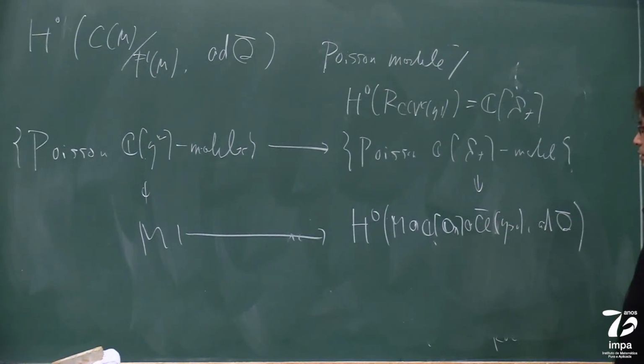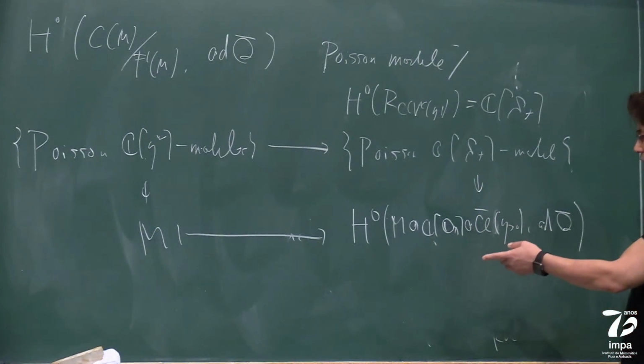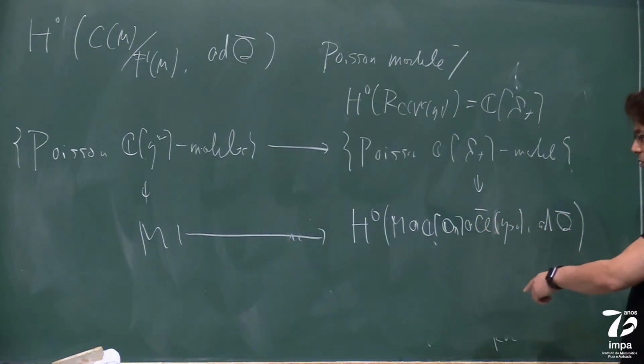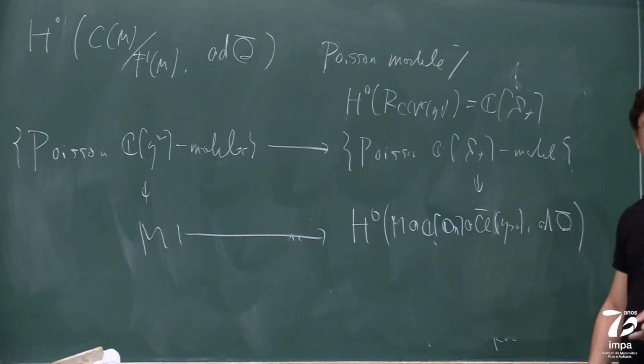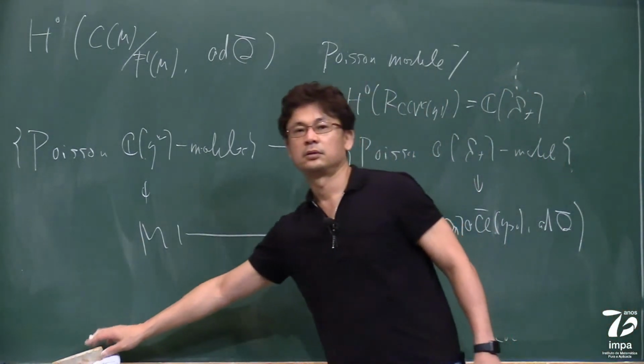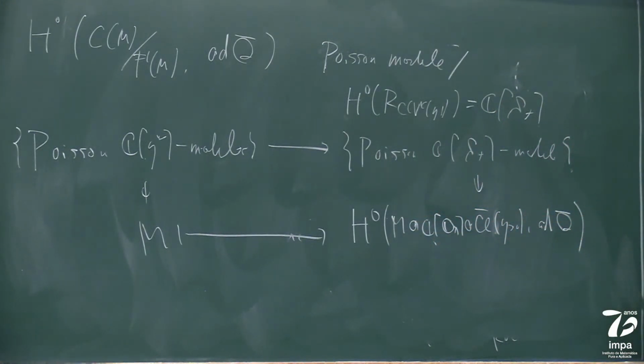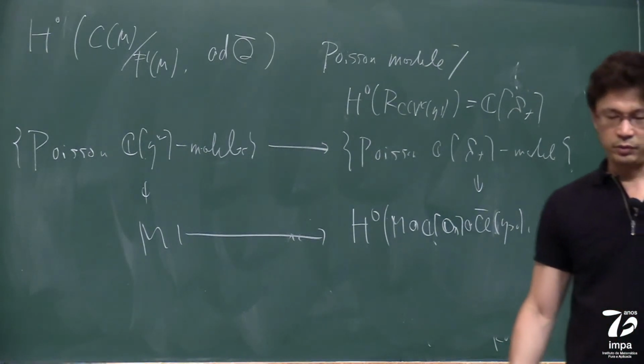So this is the Poisson version of the Drinfeld-Sokolov reduction functor. You can ask whether this functor is good, and if it's good, you can hope that the functor for the vertex algebra module can also be good.